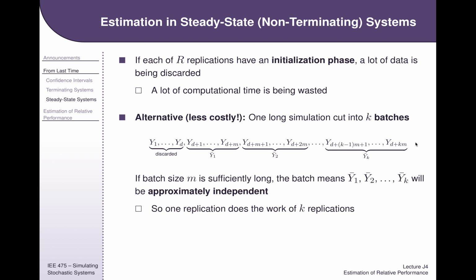Then the rest left over, if there's enough of it, if we chop it up into equally sized pieces, each piece can actually act like a replication of an independent simulation. And that only works if the pieces are very long.